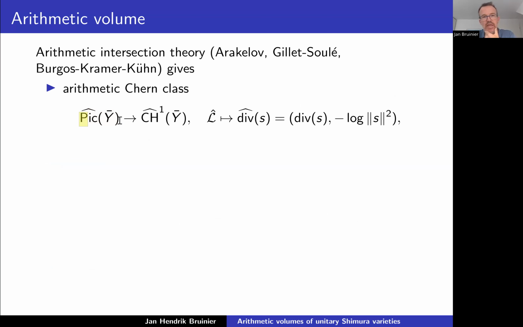Somehow, if we have a Hermitian line bundle, we can look at its Chern class, which is a class in the arithmetic Chow group, the first arithmetic Chow group. So these are arithmetic divisors, and an arithmetic divisor is a pair given by a divisor on the arithmetic variety together with a Green function that computes the cohomology of the divisor.